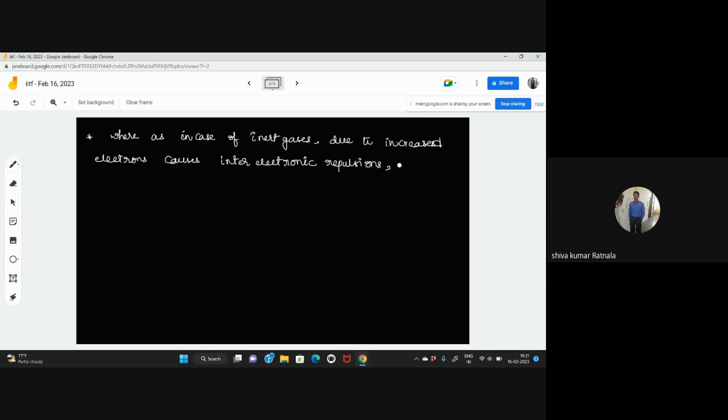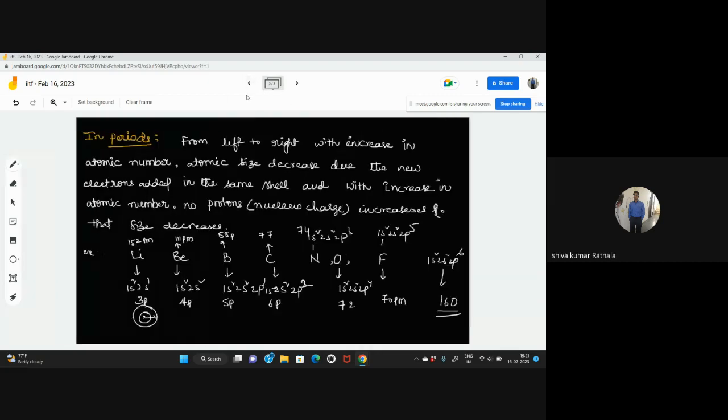Due to this, the size increases. So can you go to the previous page once? Size increases. Okay, these values are not required, I am just writing them for your understanding.